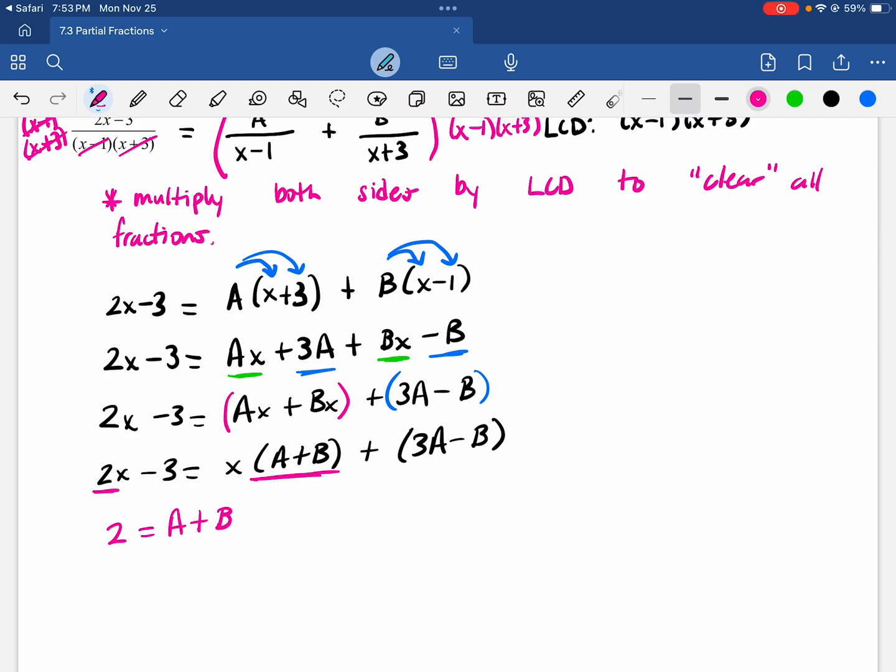That's going to give me one of my system of equations that I'm going to be able to solve for A or B. Then I notice that this constant and this one here do not have any x's, so they can be set equal to one another. And so that's going to give me negative 3 equals 3a minus b.